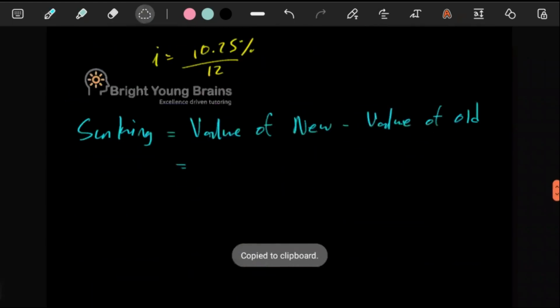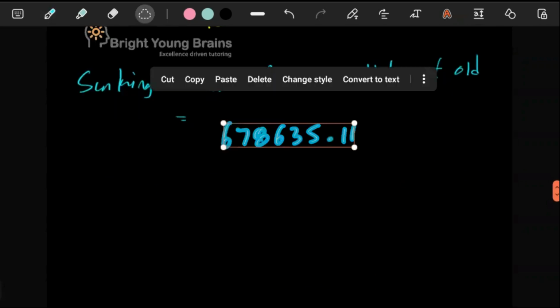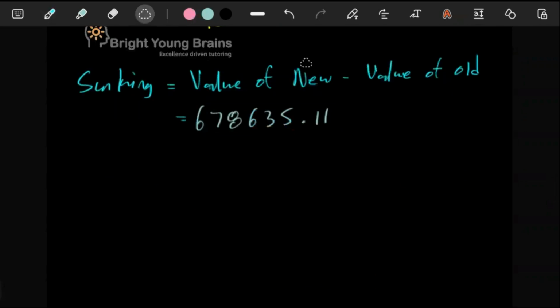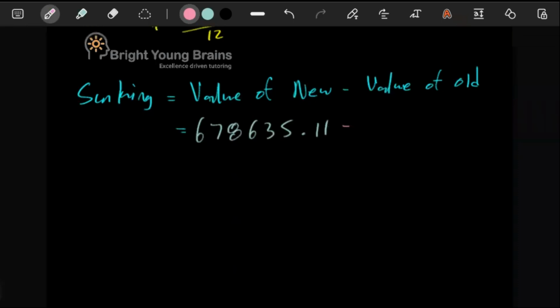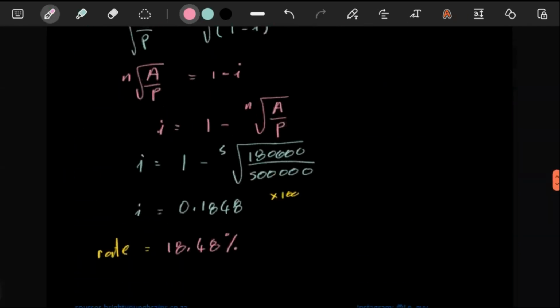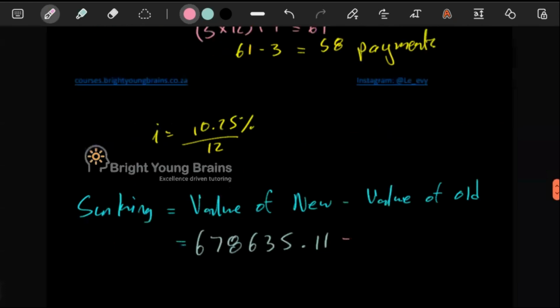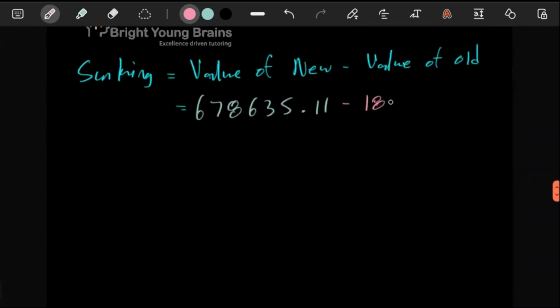So the value of the new one is this figure here, 678,000 and so on. Let's put that there. And the value of the old one would be 180,000. So what you need to make sure you have saved up is this figure that we're about to work out now. That's your sinking fund.